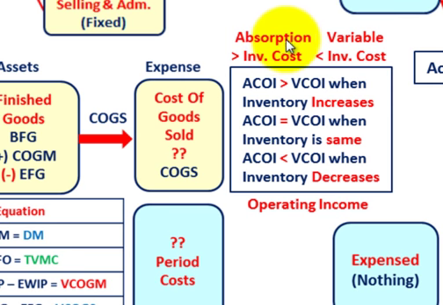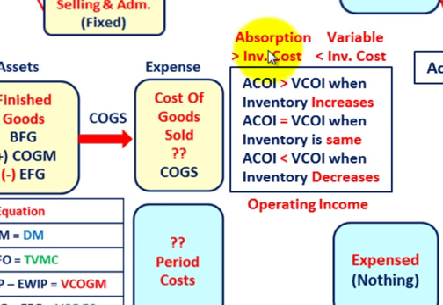And we're looking at absorption versus variable costing here. So absorption would have a greater inventory cost versus variable costing. Variable costing is going to have less of an inventory cost versus absorption. So this is the idea to determine our operating income.